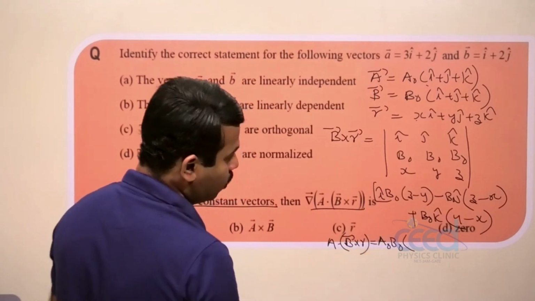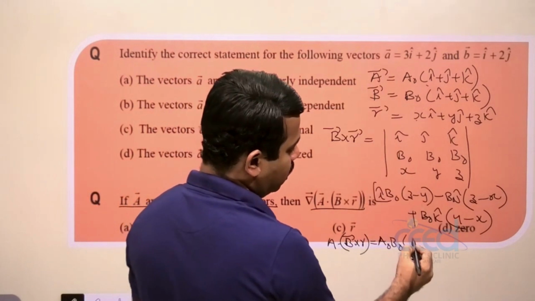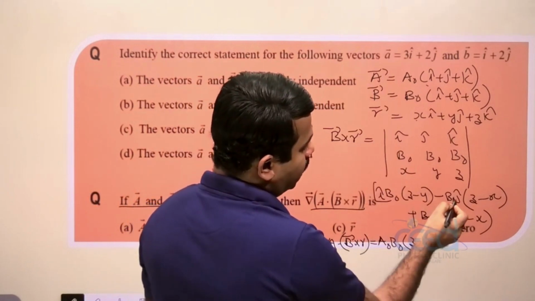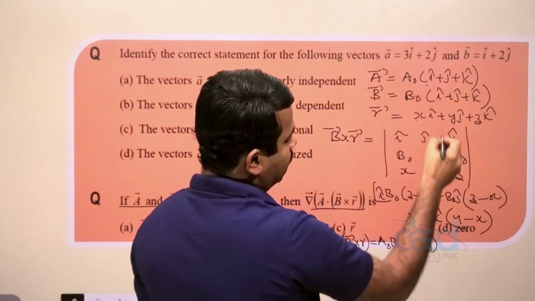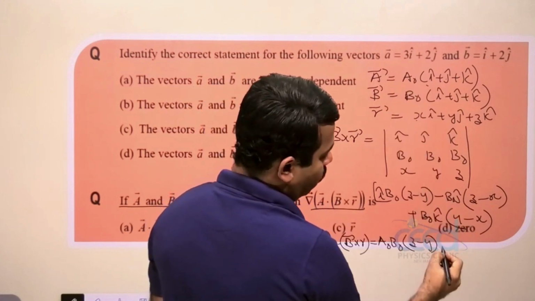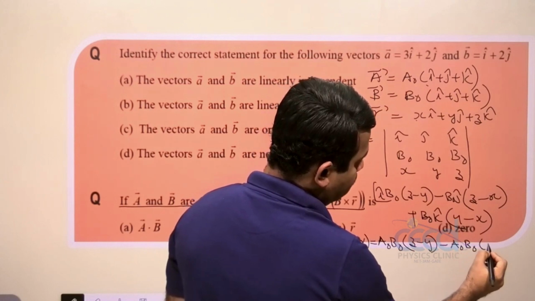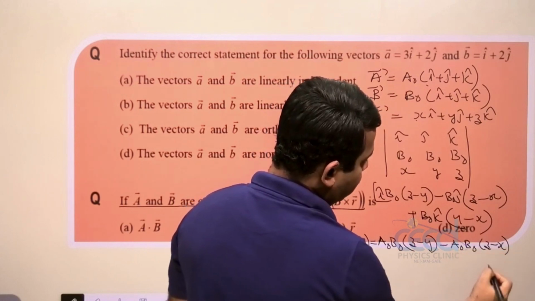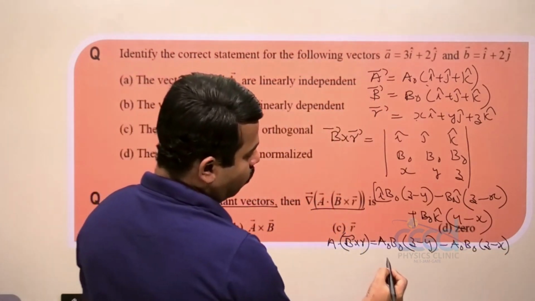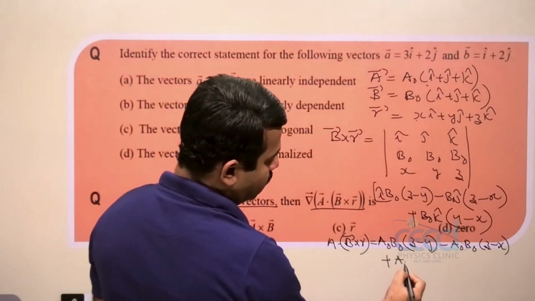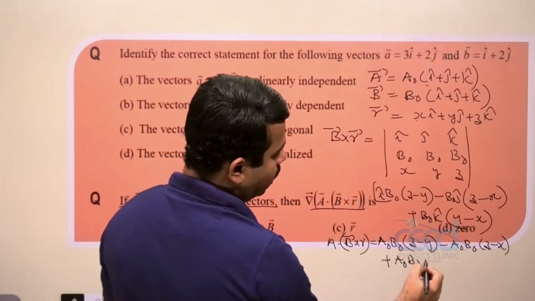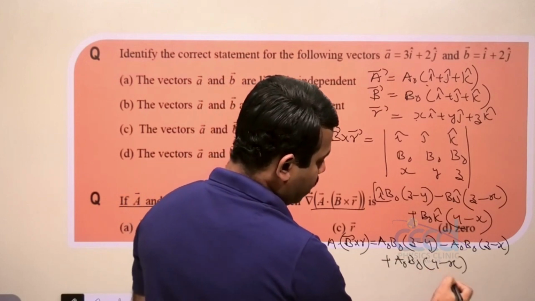A0 B0 into i dot i, which is 1, into (z minus y). Here j dot j is 1. Here we have minus A0 B0 into (z minus x). Am I right? Now again A0 B0 into k dot k, which is 1, into (y minus x).